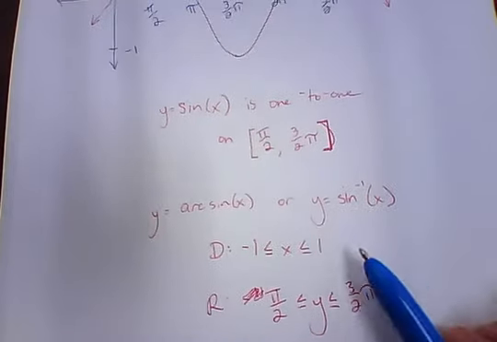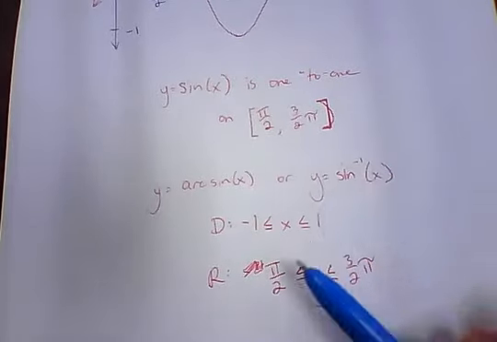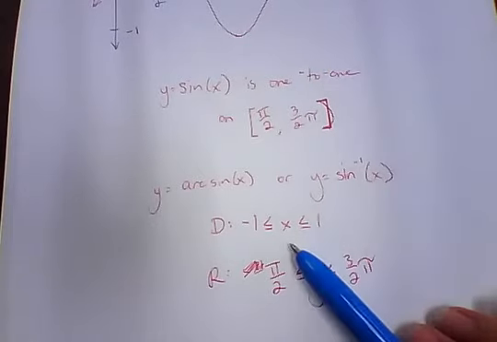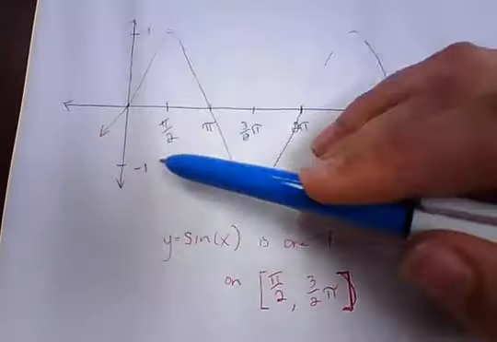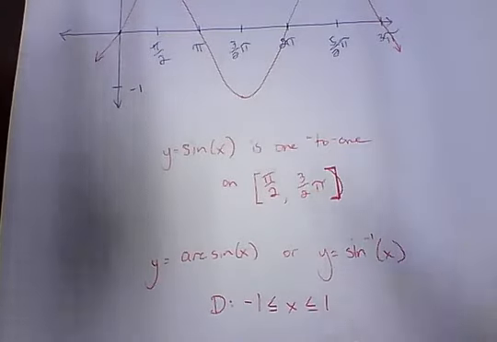And remember, that may look a little bit backwards, but it should look backwards because it's the inverse. So what our domain was for the original function is our range for the inverse. And what our range was for the original is our domain for the inverse.